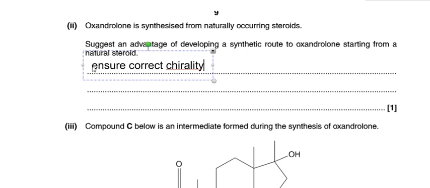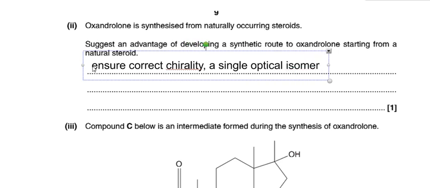That also implies that you're going to have a single optical isomer, or enantiomer, produced. So you ensure correct chirality, and a single optical isomer is produced. Obviously that optical isomer is the one with the correct chirality, the right arrangement of atoms.